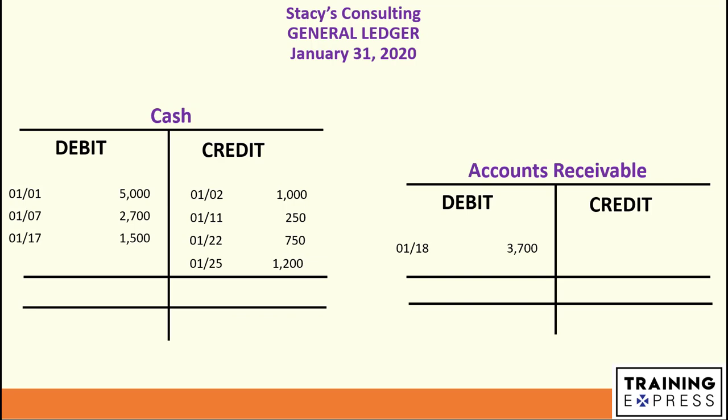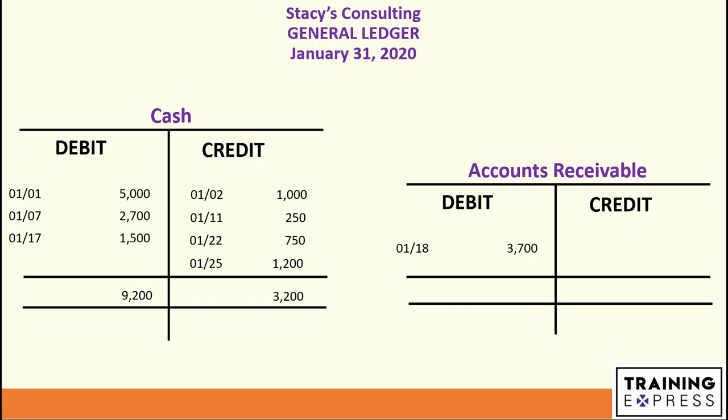First of all, we will total the debit side of the cash ledger, and you can see the total is $9,200. And now we can total the credit side of the cash ledger, and that is $3,200.